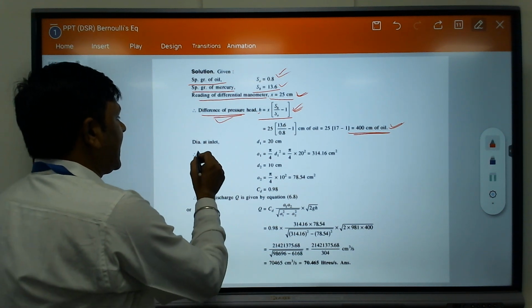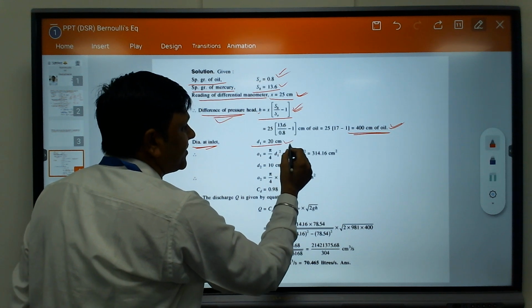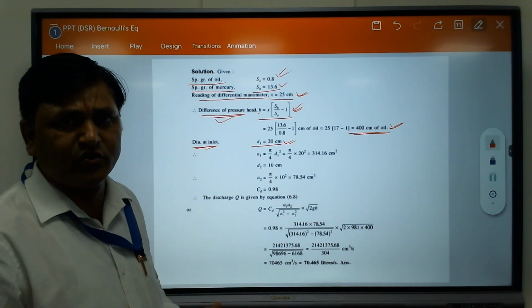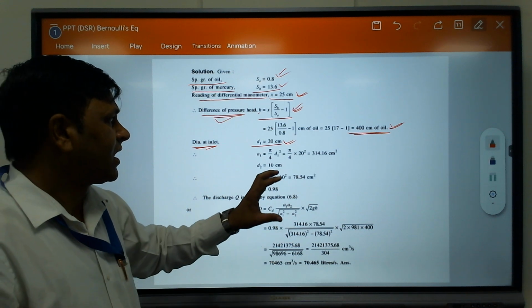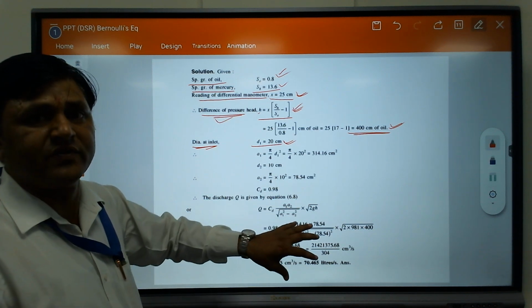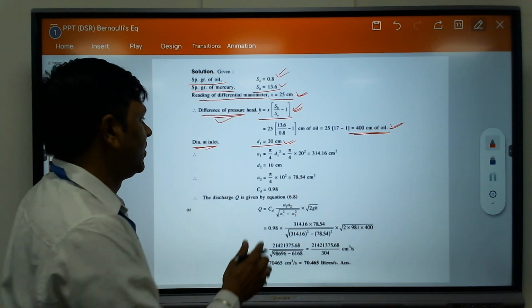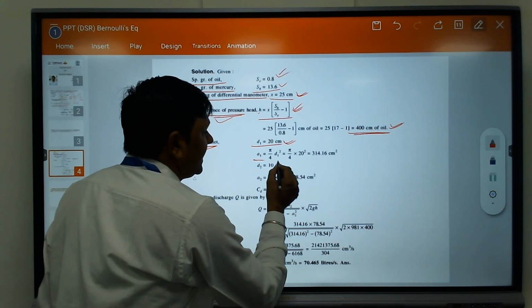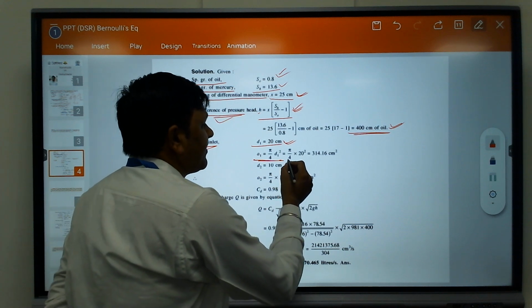Next, the diameter of the inlet is given as 20 centimeter. If the diameter is given, then you are able to find the area of that particular section, either section 1 or section 2. The area of the inlet is pi by 4 d1 square.